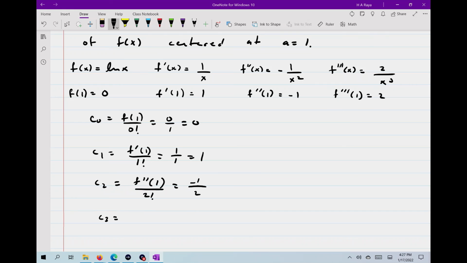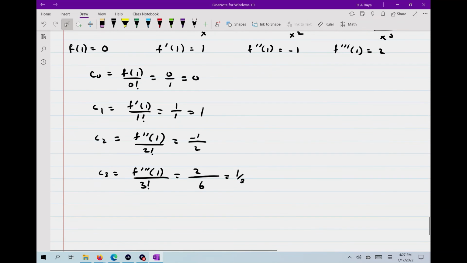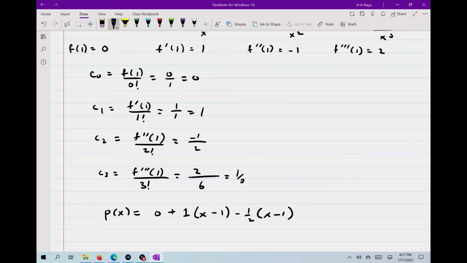And c3 is equal to f triple prime at 1 divided by 3 factorial, which is 2 divided by 3 times 2 times 1, which is 6. And this simplifies to 1/3. So our third degree Taylor polynomial would be 0 plus 1 times (x minus 1) to the first power minus 1/2 times (x minus 1) to the second power plus 1/3 times (x minus 1) to the third power.